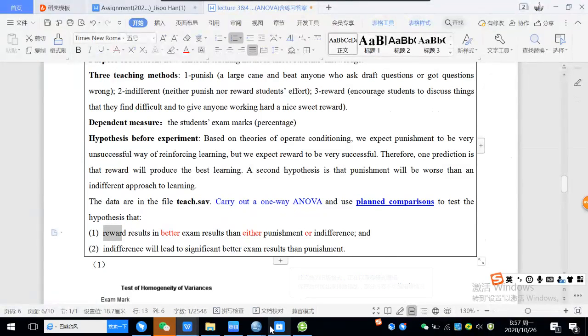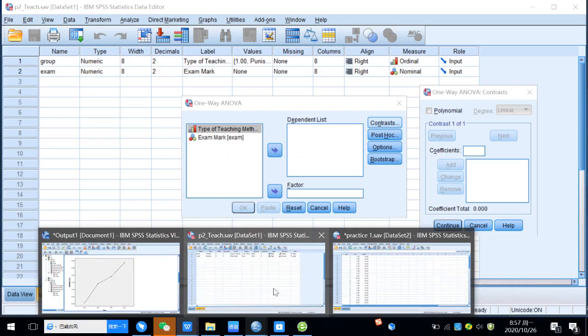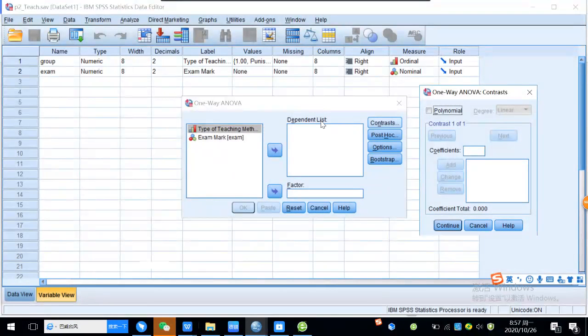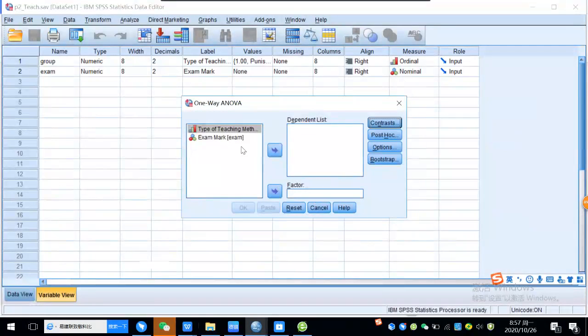Okay, so let's look at practice 2 here. Dependent list is the exam mark. Exam mark is the dependent variable.